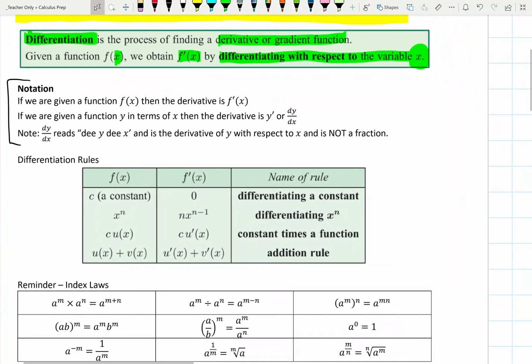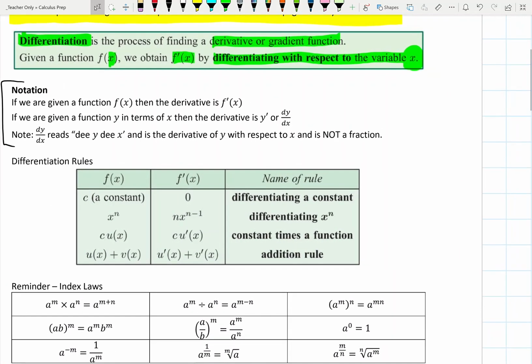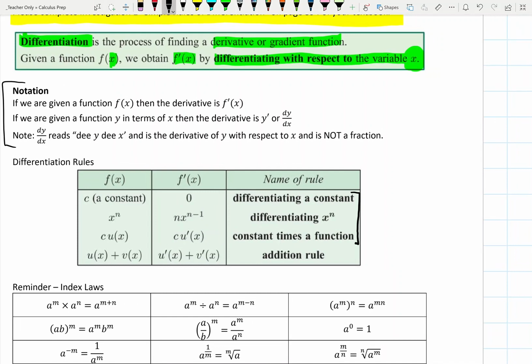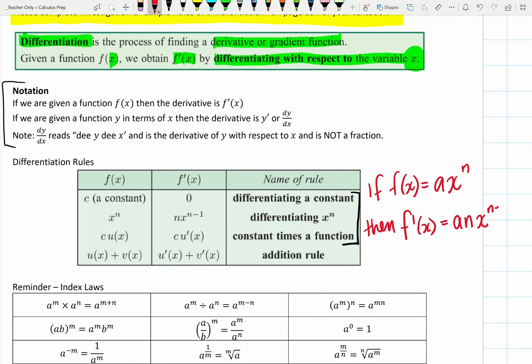Now we've got four rules here to begin with, three of which are virtually the same rule. So I'm going to collapse those into a single rule. And that is this: if f of x equals ax to the n, where a is a coefficient multiplying the x term and n is the constant, then the derivative with respect to x is a n x to the n minus 1.